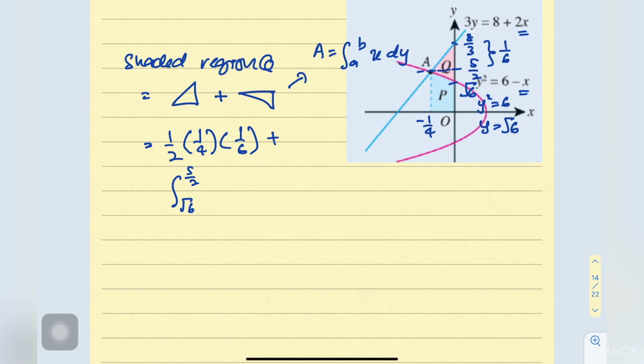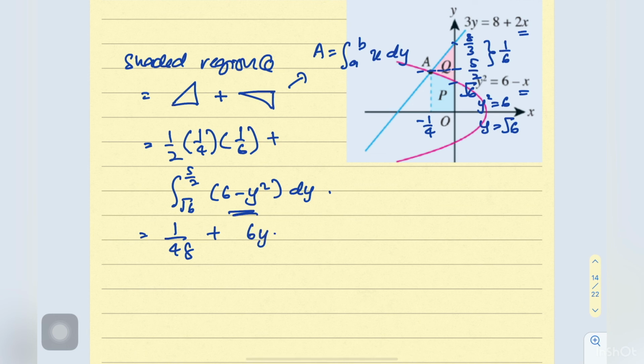So x is 6 minus y squared dy. We need to solve this first. So this is 1 over 48 plus, integrating, 6y minus y cubed over 3, from square root 6 to 5 over 2.